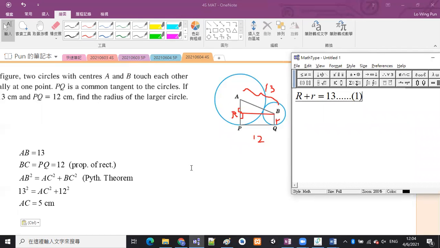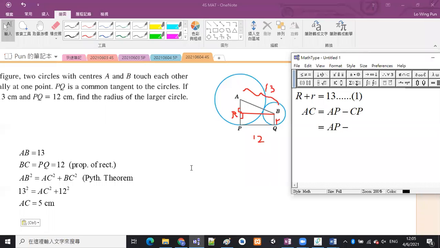And then what I have found here is AC. Can you see that? AC is equal to AP minus CP. Where is C? It's this point. AC is equal to AP minus CP, right? But CP should be equal to BQ. And BQ is small r, and AP is capital R. So this AC is equal to big R minus small r.